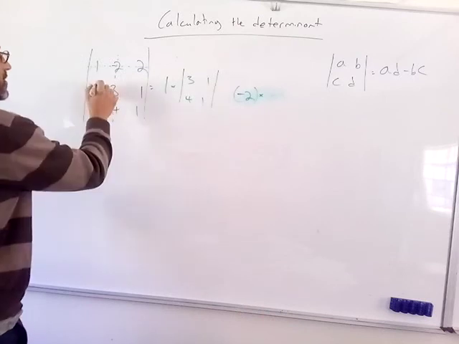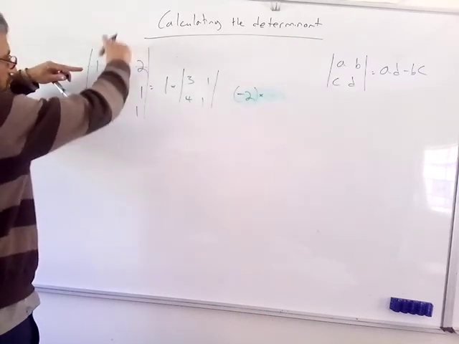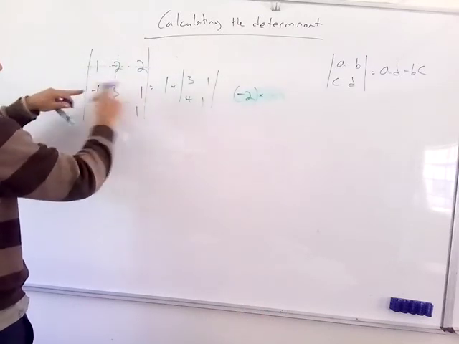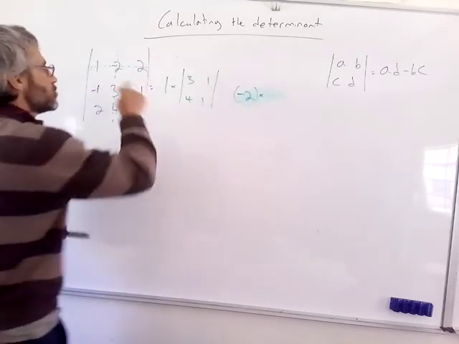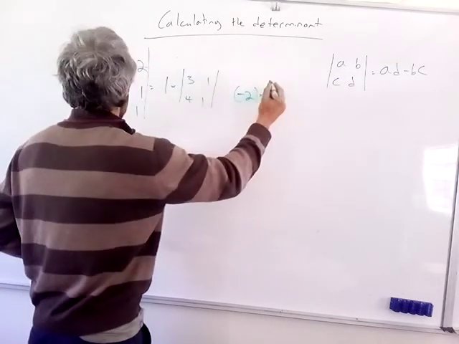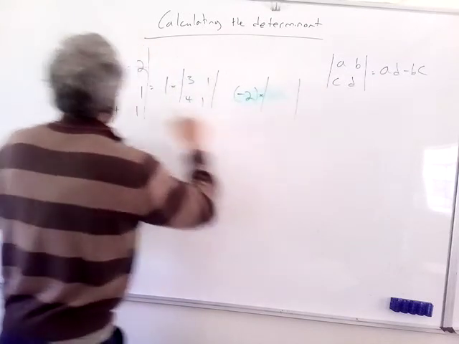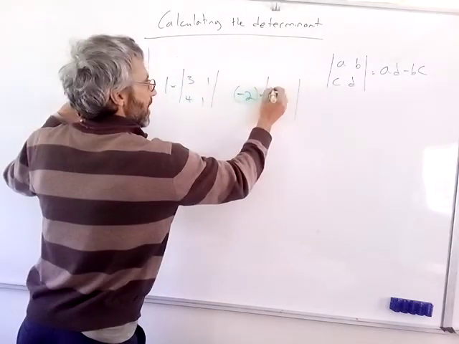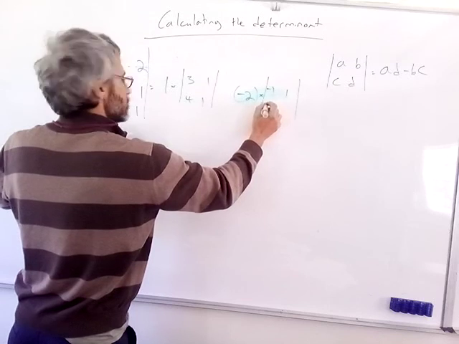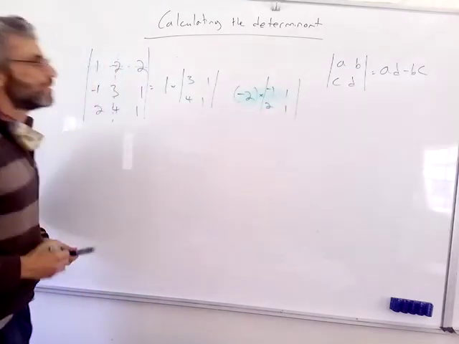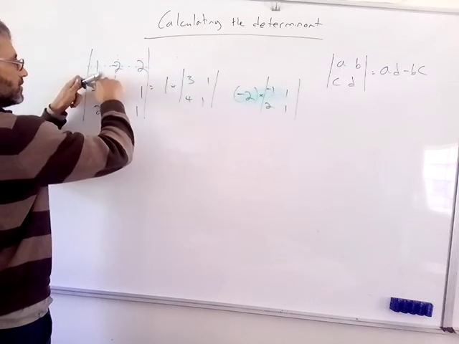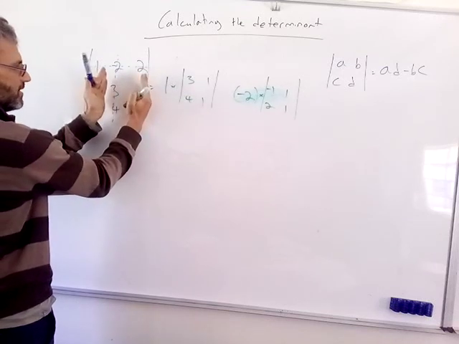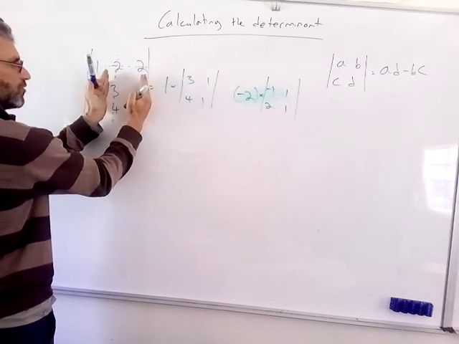Once I cross these numbers, I end up with 1, 2, 3, 4, another 2 by 2 matrix. So the rule is I need to multiply minus 2 by the determinant of minus 1, 1, 2, 1. Just the same as I did for the first element, with the leftover matrix.